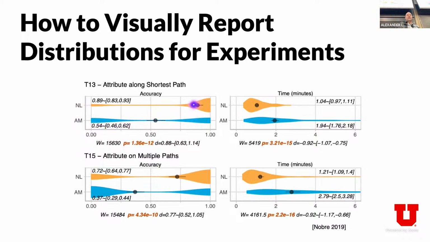And then we also show 95% confidence intervals here. This is a useful metric to judge how likely this is to be a real effect. And then we also report on effect sizes, and we also show p-values in this case.